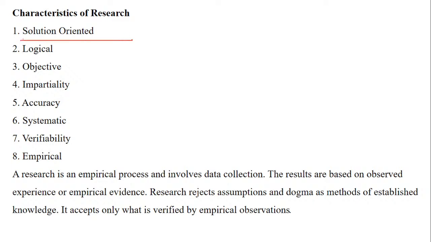It means that finding out a solution for a problem is one of the characteristics. So I'm repeating, finding out a solution for a problem is one of the characteristics. We know that defining the problem is also a characteristic, finding out a solution is also a characteristic.